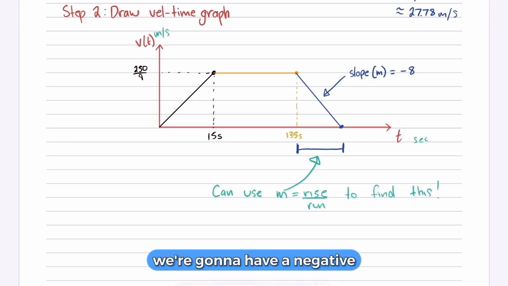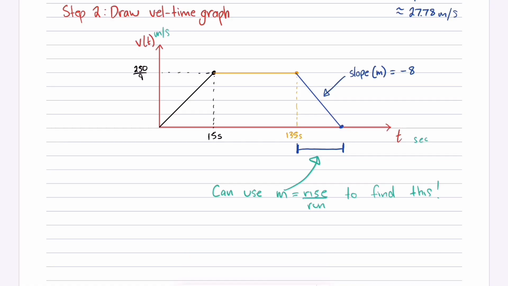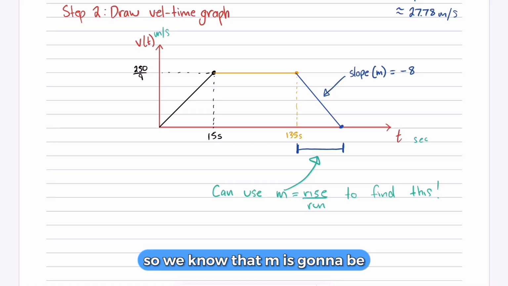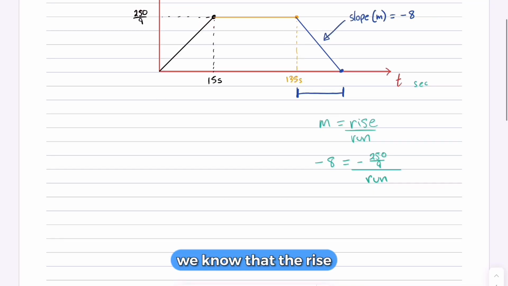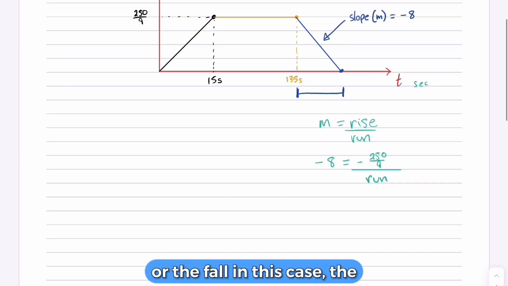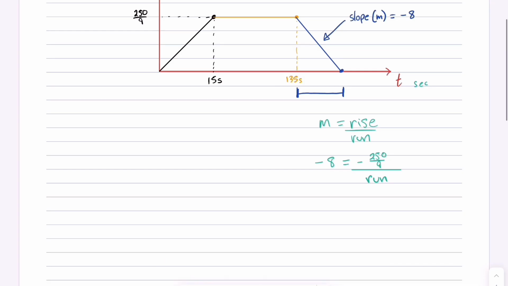We're going to have a negative rise, but we can use this information to figure out what this extra distance is from 135 seconds until the car stops. And we can do that using rise over run, right? So we know that m is going to be -8. We know that the rise, or the fall in this case, is going to be -250 over 9, all divided by the run. And the run part is what we're trying to find.